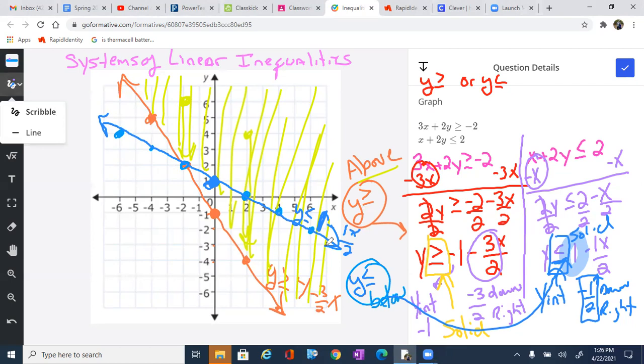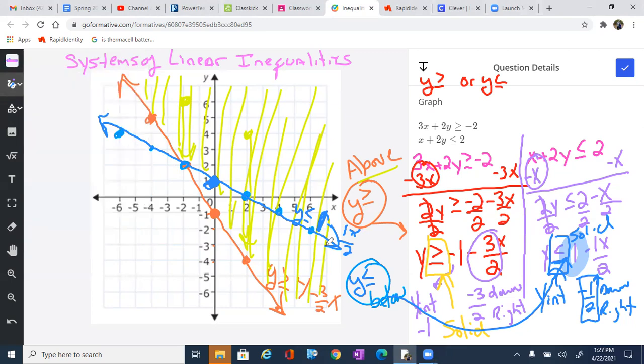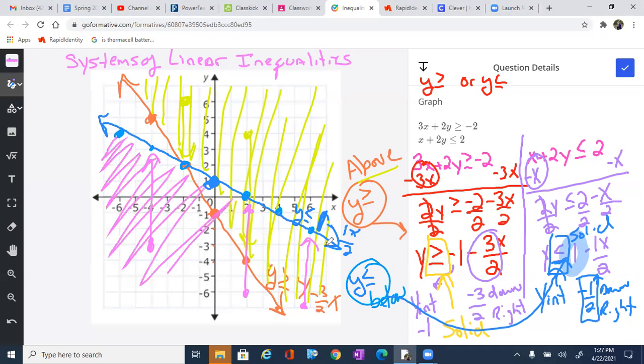So if we pick some points, we want to pick points that are below that line. Let's look for points that are below that line. This point is below the blue line. This point is below the blue line. This point is below the blue line. So we're going to shade everything that is below the blue line.